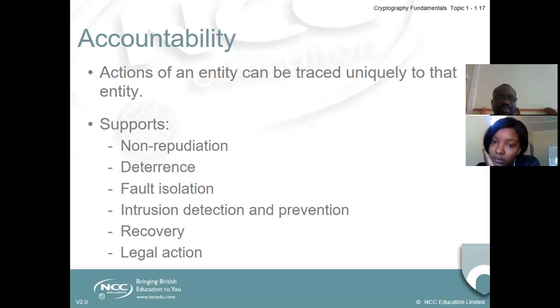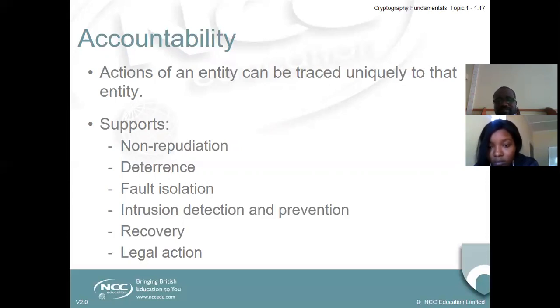Then accountability. Actions of an entity can be traced uniquely to that entity. It supports non-repudiation, which I've talked about. Deterrence, fault isolation, intrusion detection and prevention. Intrusion detection is like detecting the intrusions.